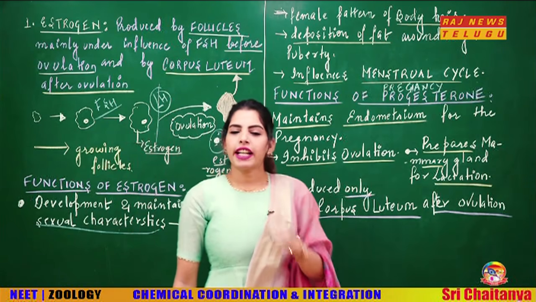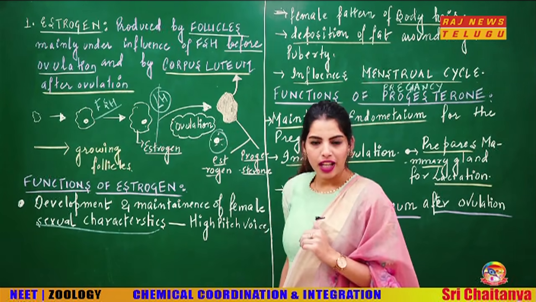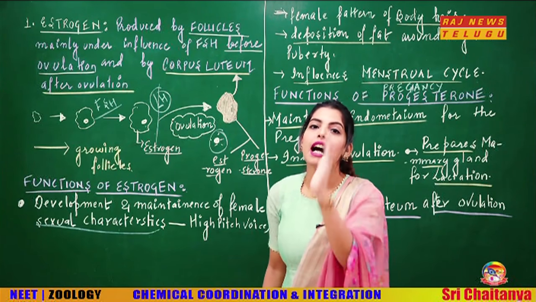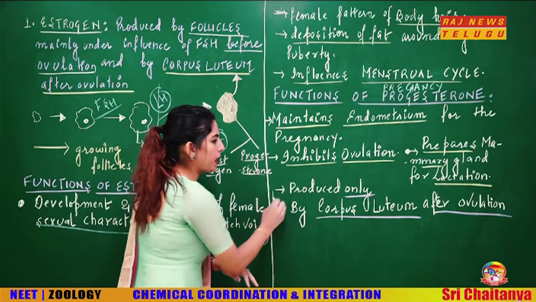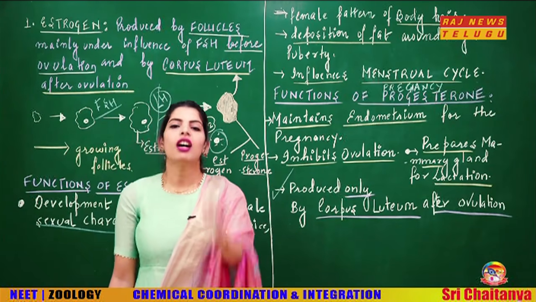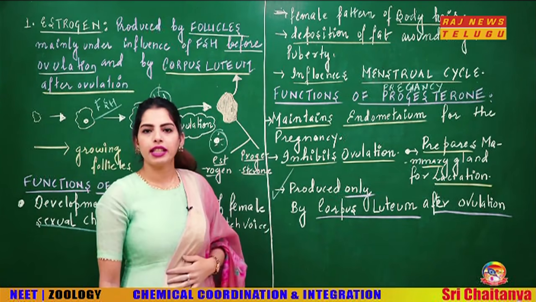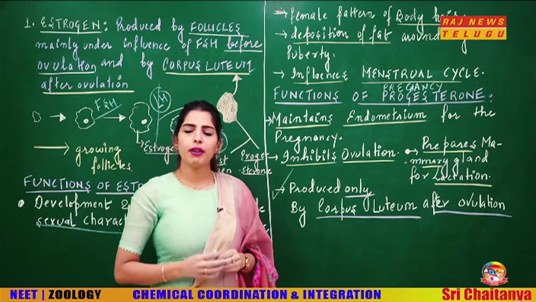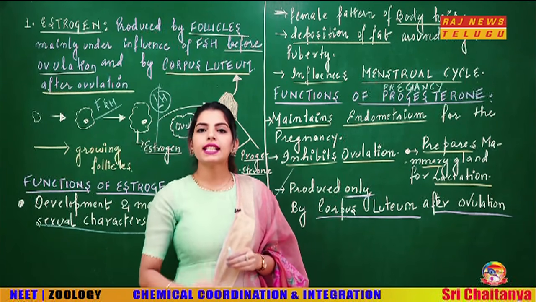We have already said that progesterone is produced by the corpus luteum and it is produced only after ovulation. That's what I have written here. The functions: it is responsible for maintaining a very, very thick endometrium. What is this endometrium?